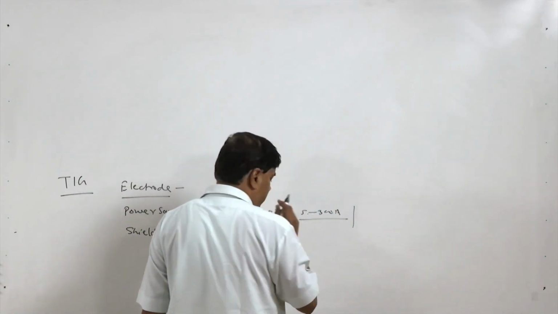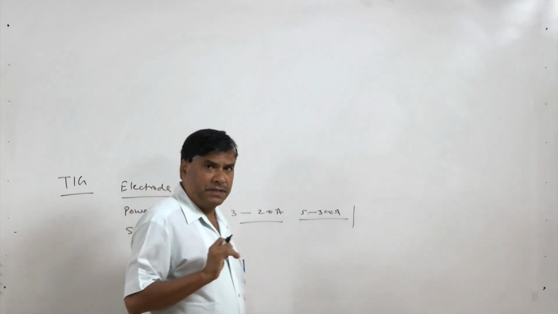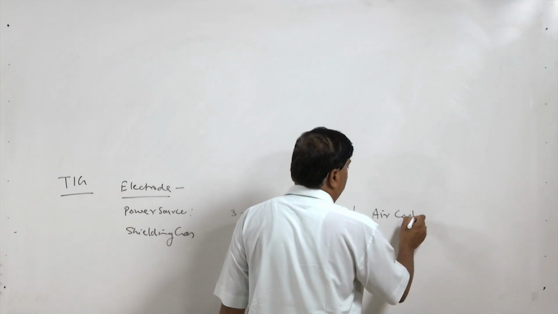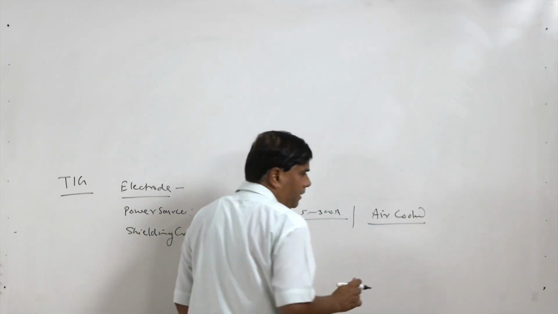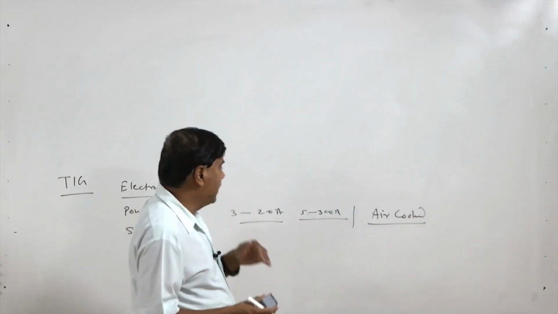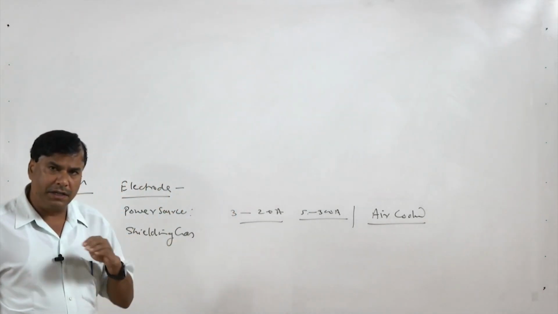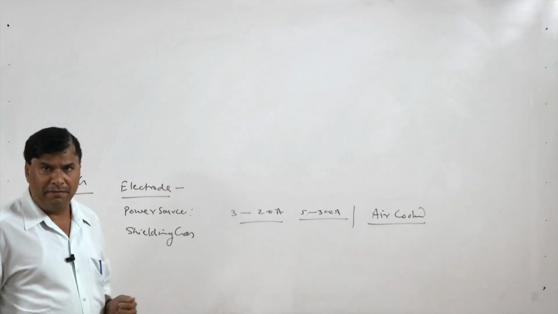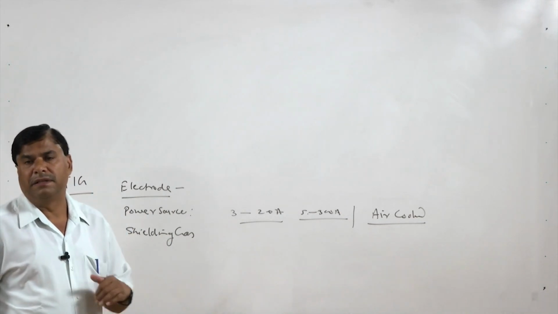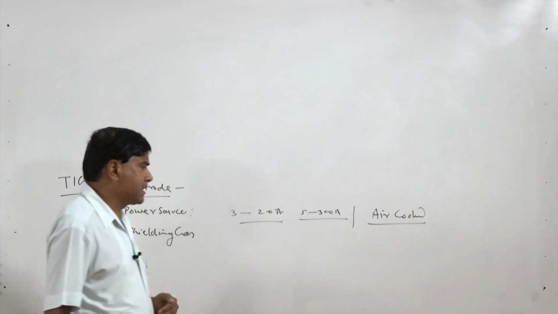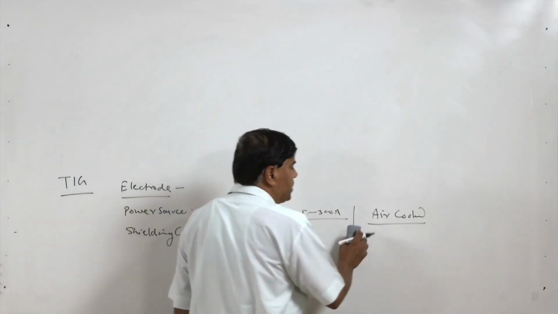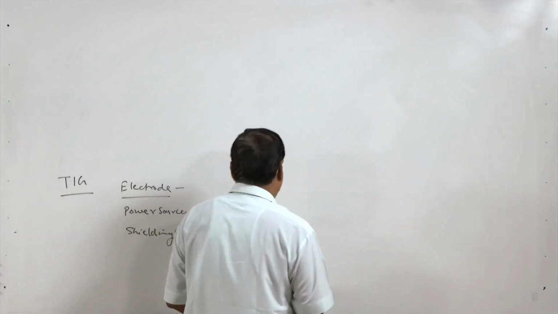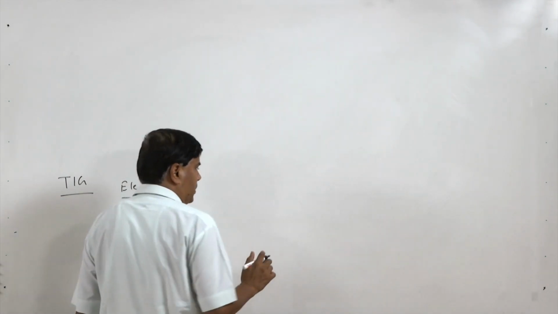Normally the low capacity torches are air cooled, while the high capacity TIG torches, which handle much higher values of current during welding, get heated excessively, and to maintain the temperature of the electrode, cooling of the torch is applied.